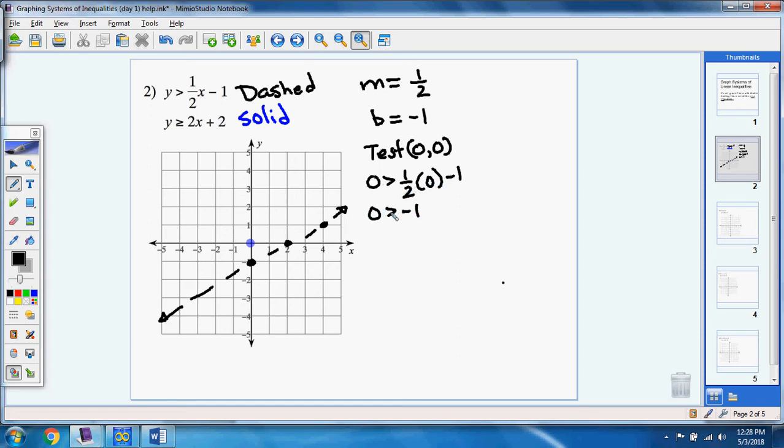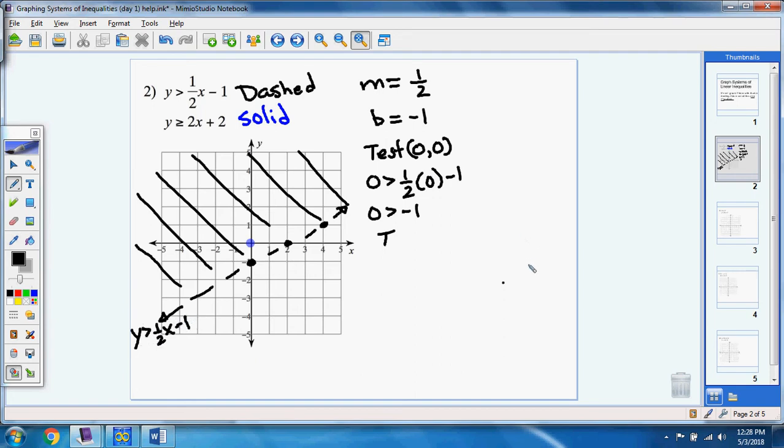So it says 0 is greater than -1. That is true. So for this first line, the shading is going to be where it's true. I'm going to label it really small over here: y is greater than 1/2 x, subtract 1. If you notice, that's exactly what you've been doing for 2 days.